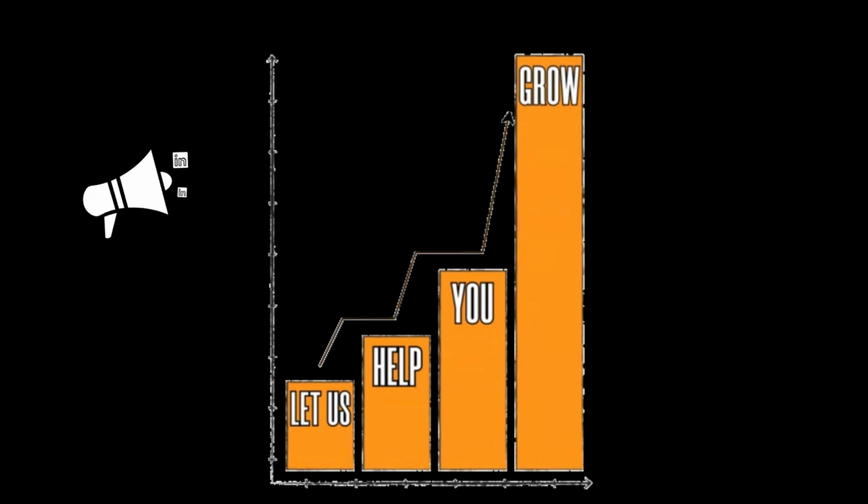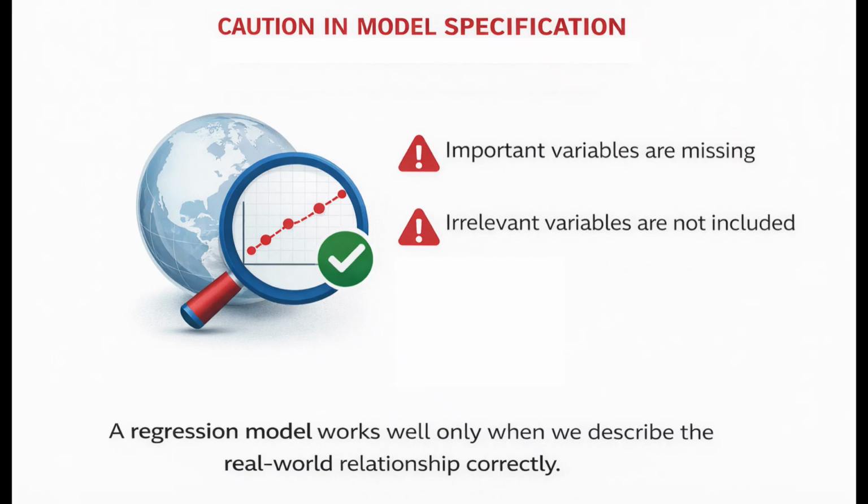So, if important variables are missing, or if we include irrelevant variables, the regression results can become misleading. In other words, a regression model works well only when we describe the real-world relationship correctly.